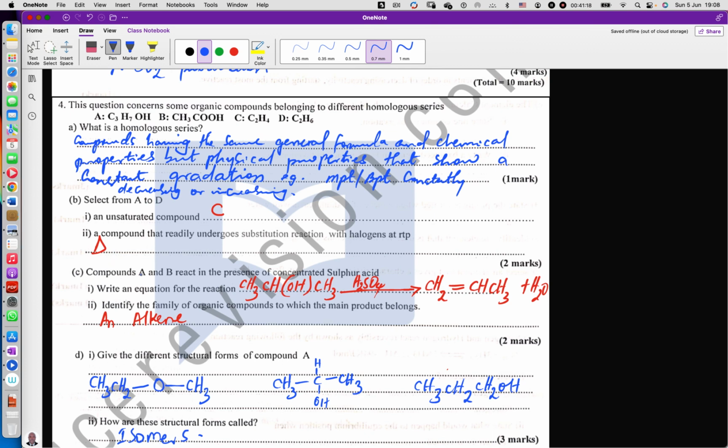C. Compound A and B, I'm talking of alcohol and acids, react in the presence of concentrated sulfuric acid. Write an equation for the reaction.